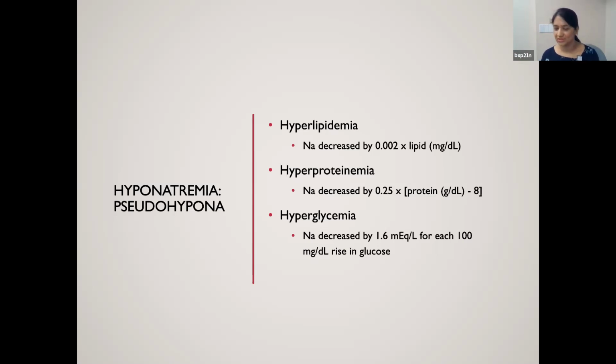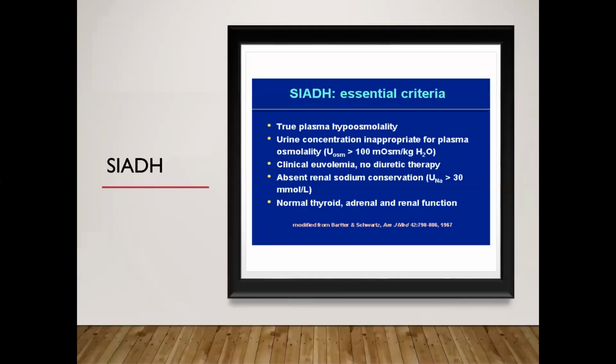It's more of an adult disease, but maybe we might see it, and the correction factor is listed here. And for hyperglycemia, we truly see this among the diabetics. For every 100 milligram per deciliter rise in glucose, you will see the sodium decrease by 1.6 milliequivalents per liter.